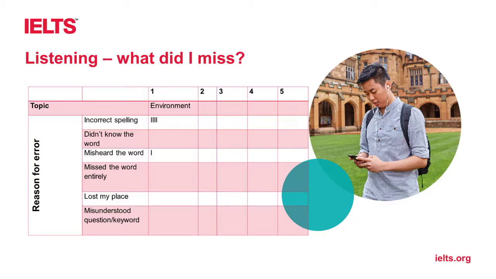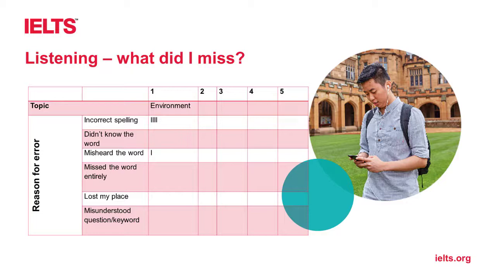Did they get the answer wrong just because they didn't understand? What was the reason? The ones on the slide are just examples. You can obviously add your own. So then the students go through their answers and they tick why they think they got that wrong. And very soon they'll have a little visual of areas that they need to focus on.